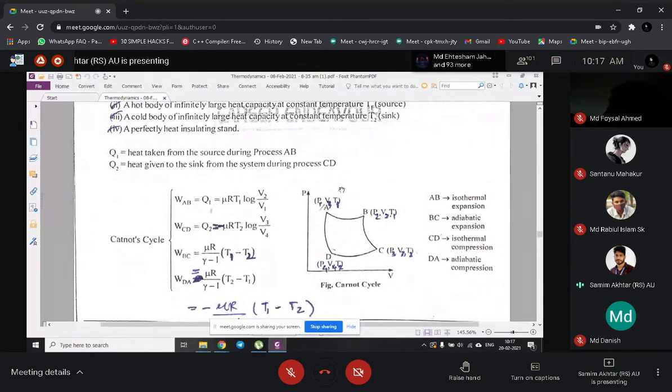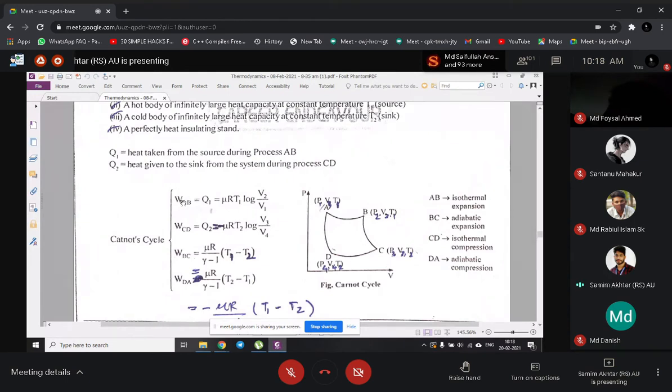That means there is a basic diagram. Suppose you start here and go this way to B, then through C, then D, and again back to A. So four work terms are done during this process.